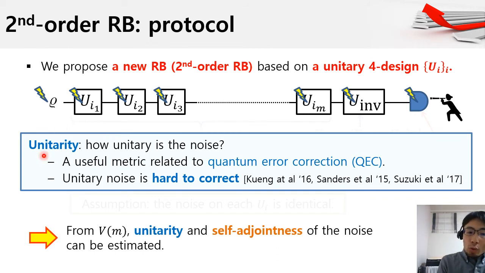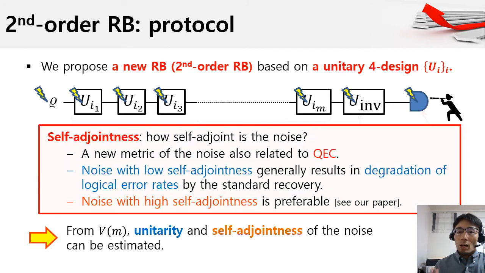Unitarity has been proposed several years ago, but in this study, we also propose a new metric of noise, which is self-adjointness, and we argue that it is related to quantum error correction. Self-adjointness is a metric of how self-adjoint the noise is.